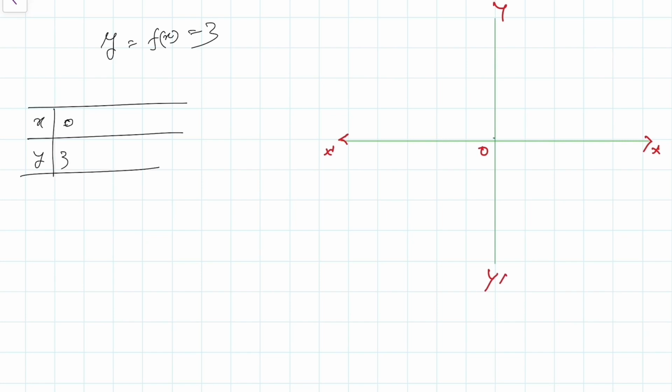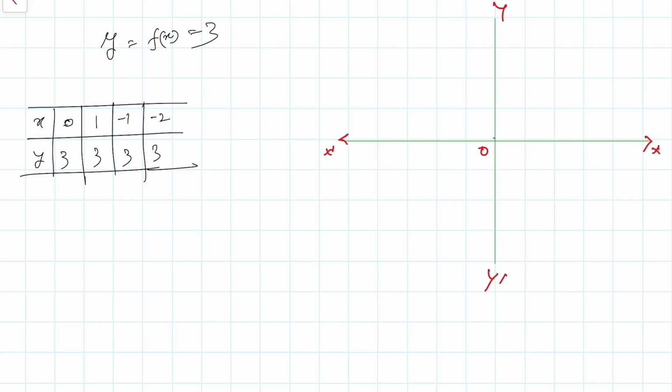That's why y is equal to 3. If you put x is equal to 1, then also you will get y is equal to 3. If you put x is equal to -1, then also y is equal to 3. And if you put x is equal to -2, then also you will get 3.